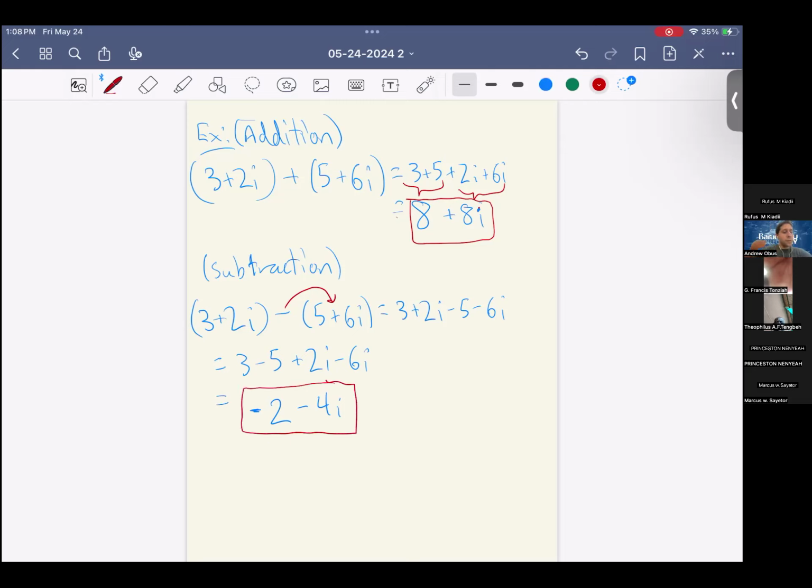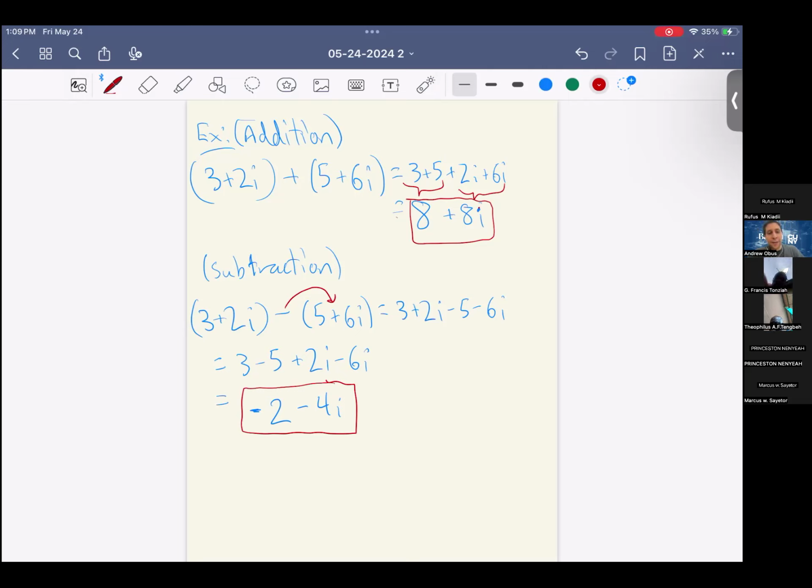So you just subtract the real parts and subtract the imaginary parts. You can almost think of i right now as just being a variable. Imagine it's x. It's not exactly the same thing as a variable, but when you're doing just addition and subtraction, it acts like one. When we're doing multiplication, we'll show that it doesn't act exactly like a variable.